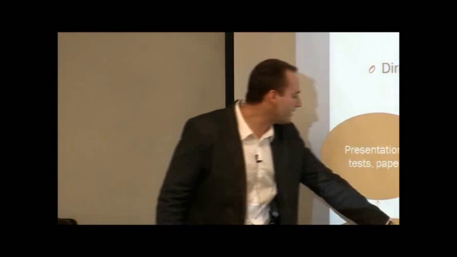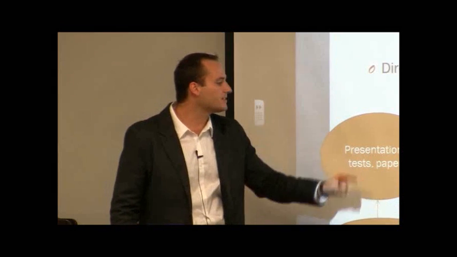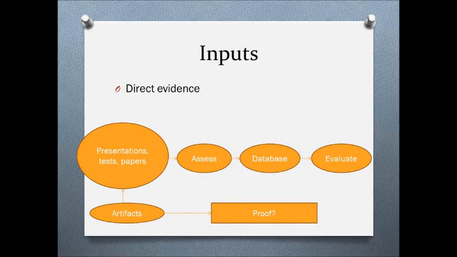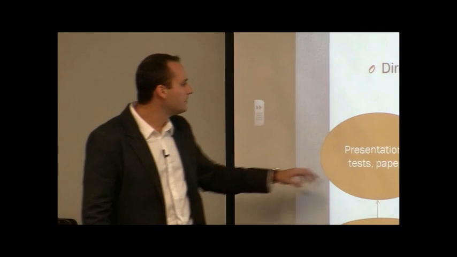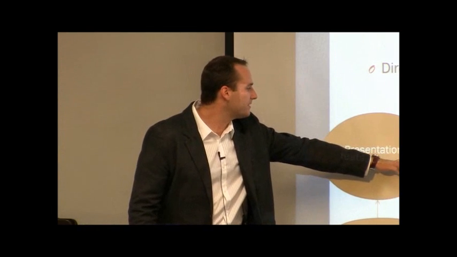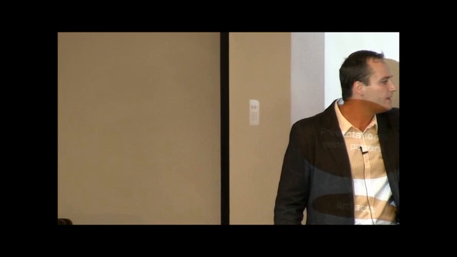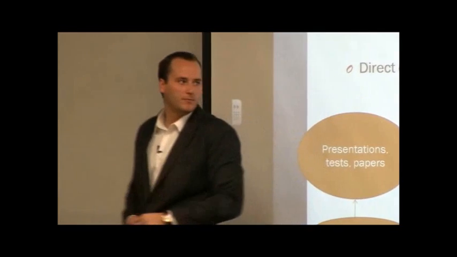So, artifacts: you need to prove to a third party that you are directly assessing a criteria. Once you get these presentations, they'll be submitted for assessment by the faculty. That information will be inputted into the database, and then extracted for evaluation.